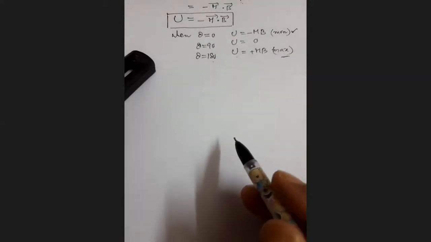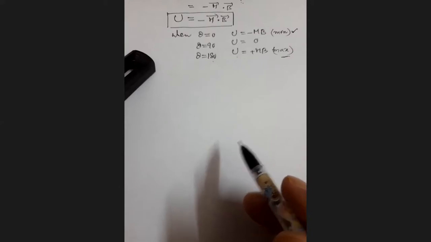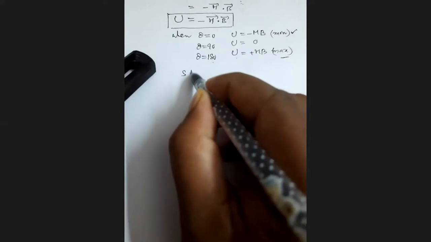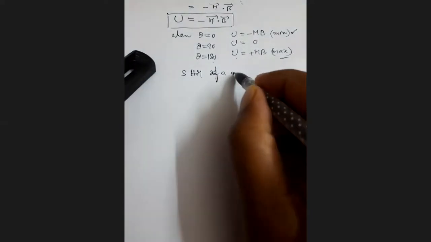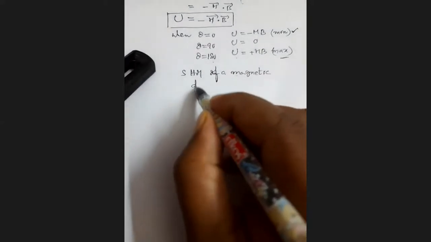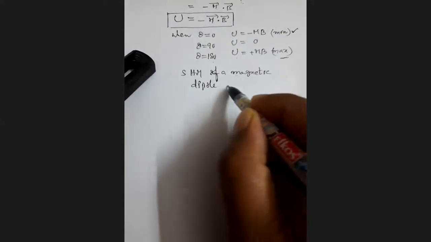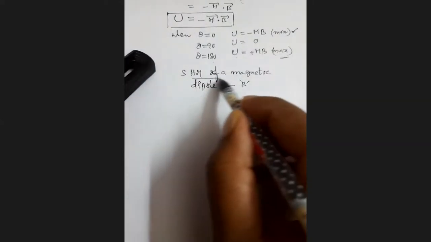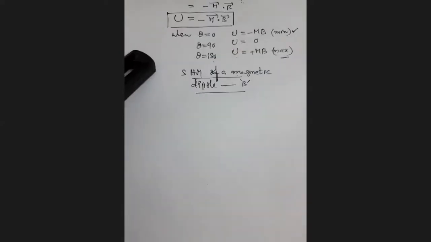The next concept we are going to discuss is simple harmonic motion, that is, angular simple harmonic motion of a magnetic dipole when it is placed or suspended in the uniform magnetic field of induction B, right?